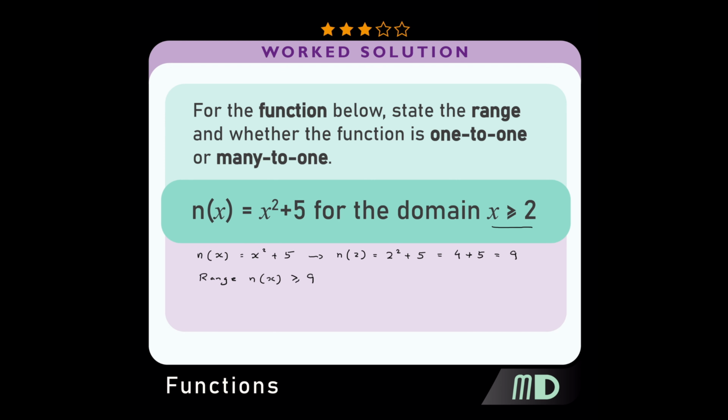A function is a mapping where every input has exactly one output. For a 1-to-1 function, every output is unique. But for a many-to-1 function, there may be several input values that produce the same output.